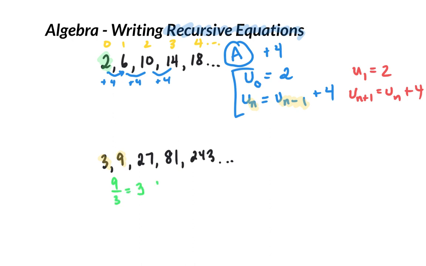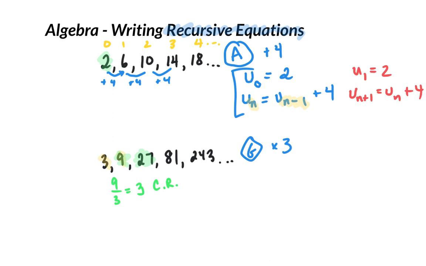I'm going to abbreviate my common ratio. And it holds. It's always good to check with another term to say, well, if I did 27 divided by 9, yep, that's also 3. So I've established it's going to work. So this is geometric, and my pattern is to multiply by 3.